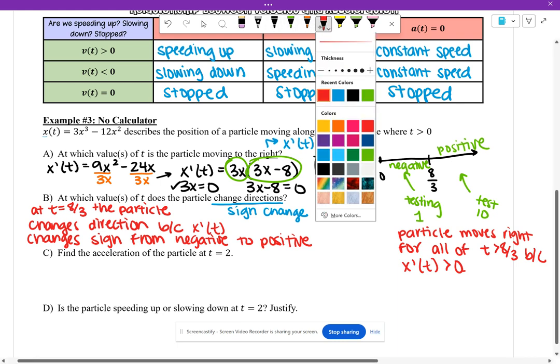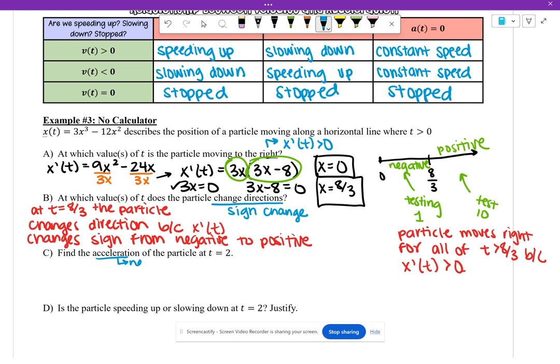Okay. If they're asking me about acceleration like they are in part C, that means I need to find x double prime of t. So I need to take the derivative of the derivative. So let's see, x prime of t was 9x squared minus 24x. That means x double prime of t is going to be 18x minus 24.